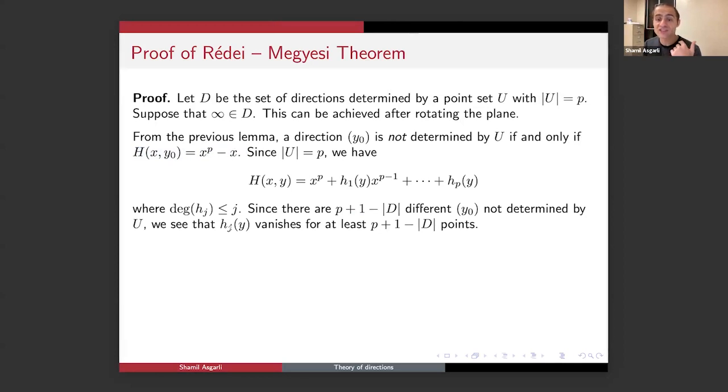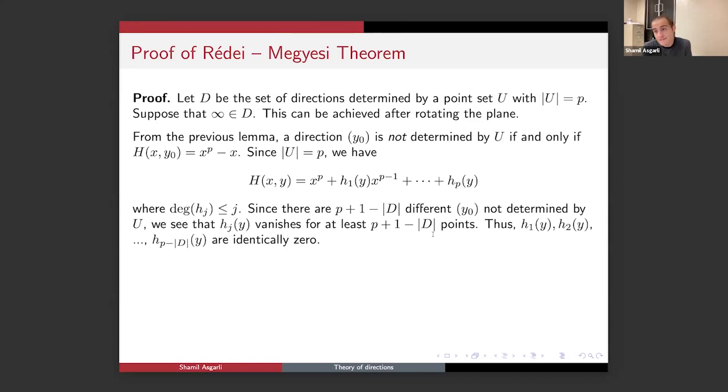So all of these hj(y) vanish for at least this many points. But now we use the fact that a polynomial of degree j cannot vanish at j plus 1 points; if it vanishes at j plus 1 or more points, it has to be identically 0.